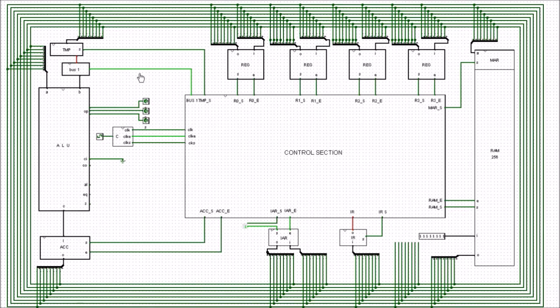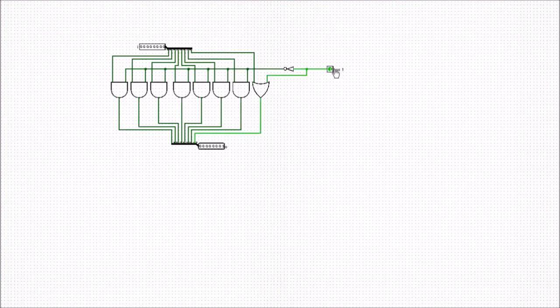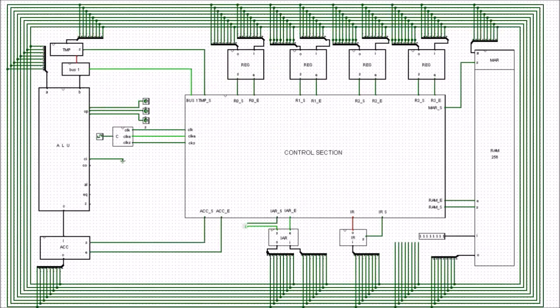Now we've seen this in a previous video. All this does is when bus 1 goes high, it stops the normal flow of traffic from the temp register down into the ALU, and now the flow of traffic just comes from this value here, so it just simply puts a value of 1 into the ALU.